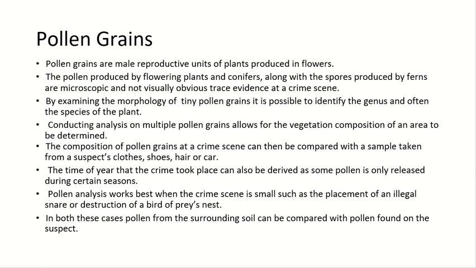The morphology of the pollen grain helps determine the place of the offense, whether the suspect is related to the crime scene or not. Pollen grain study can also tell us the time of the year in which the crime took place, as some pollens are released in particular seasons only.